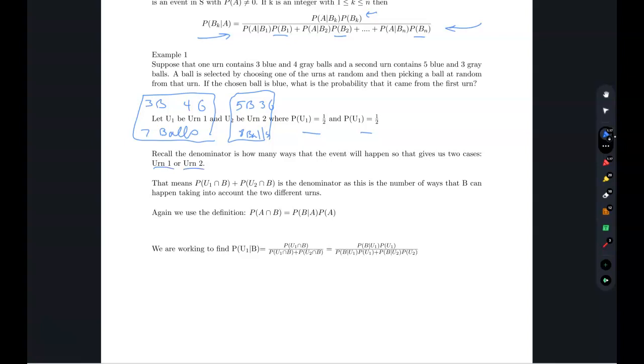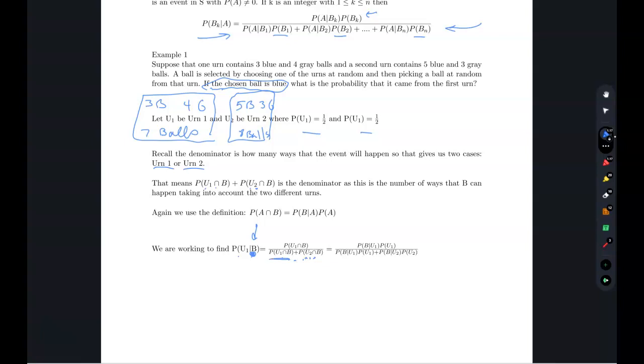So it's asking the probability that the chosen ball is blue. That means urn 1 and blue, or urn 2 and blue, right? And what we want to find is the probability, given that it's blue, that it came from urn 1. So the denominator is the probability it is from urn 1 and blue, or from urn 2 and blue.